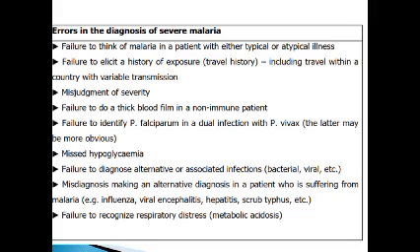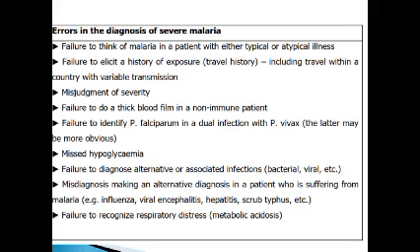Misjudgment of severity: failure to do a thick blood film in a non-immune patient. Failure to identify Plasmodium falciparum in a dual infection with Plasmodium vivax, which means the latter may be more obvious.